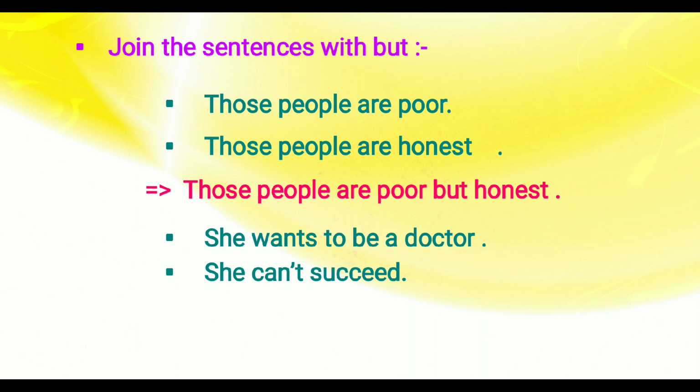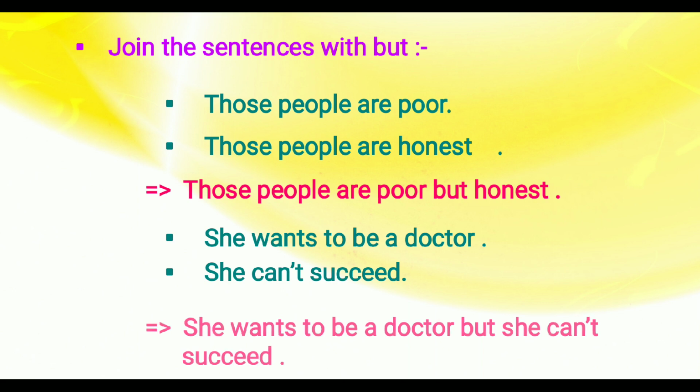Wants to be a doctor and can't succeed show the contrast of the sentences. So she wants to be a doctor, but she can't succeed. We can write "she can't succeed" or "can't succeed" also.